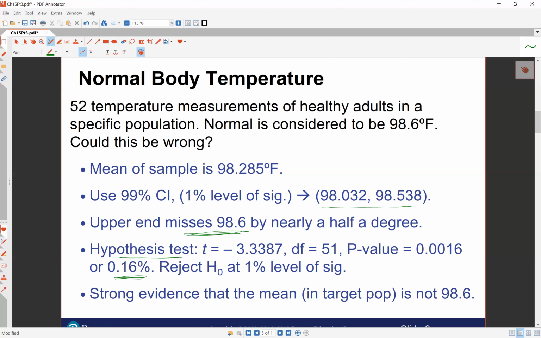So you can see here, there is consistency. The confidence interval and the hypothesis testing procedure reach the same conclusion with regards to this specific example. And it's not a blanket statement that they will always agree, but they will very frequently agree.